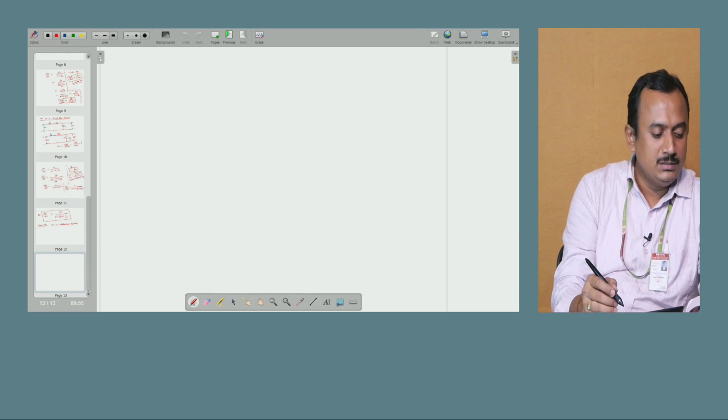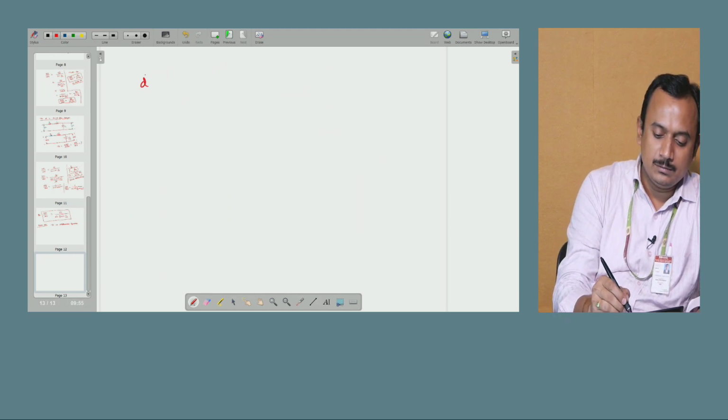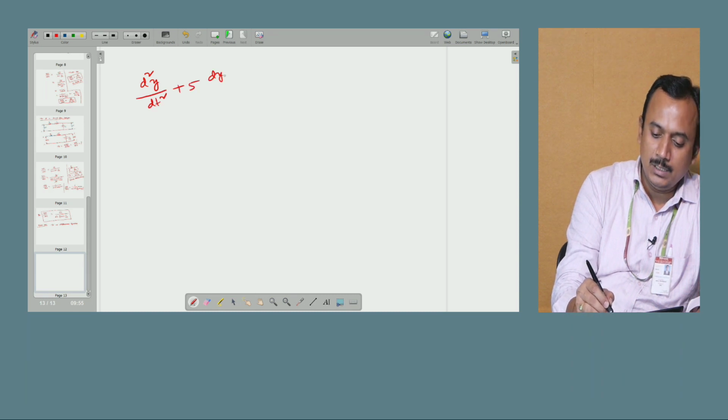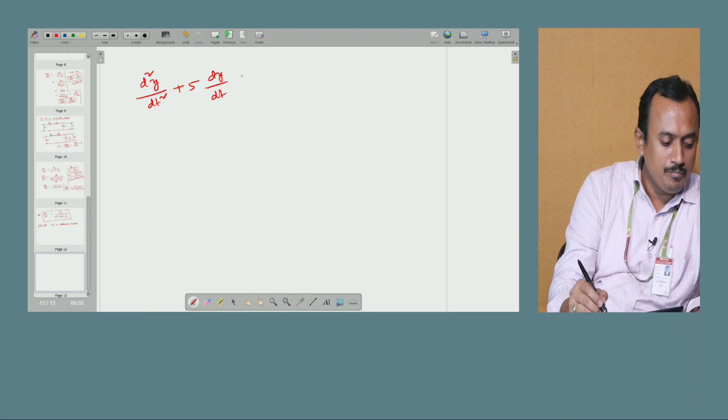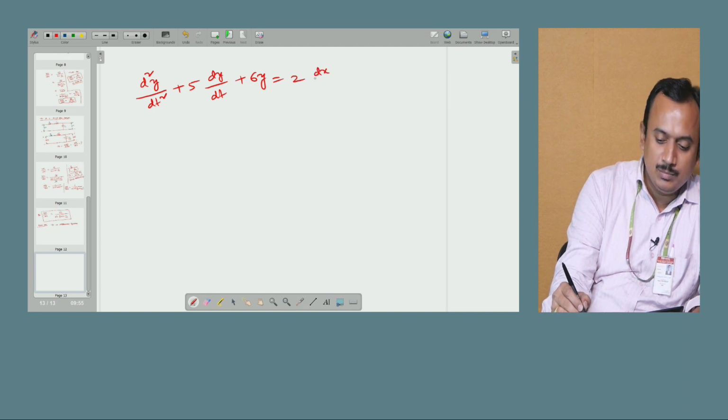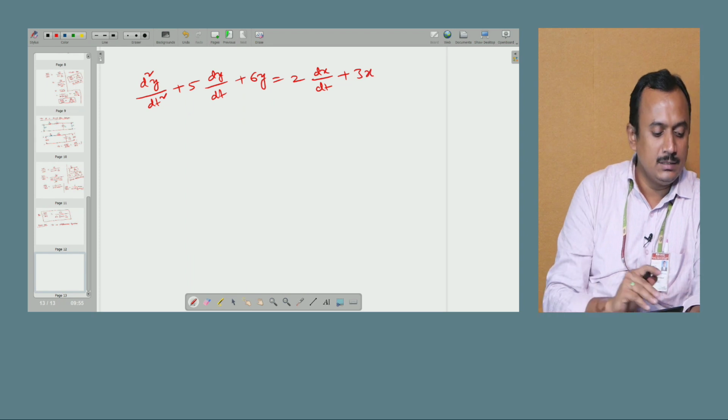Now let me consider a differential equation d square y by dt square plus 5 into dy by dt plus 6y is equal to 2 into dx by dt plus 3 into x.